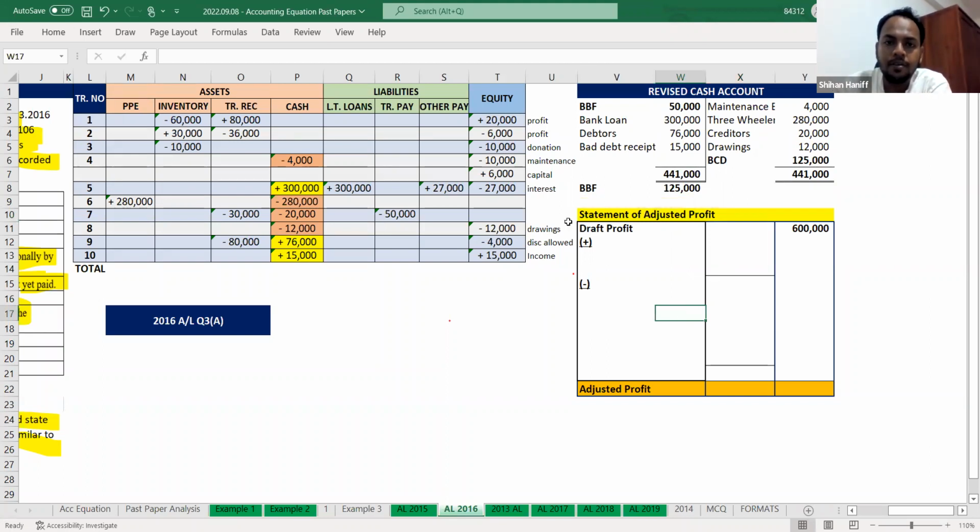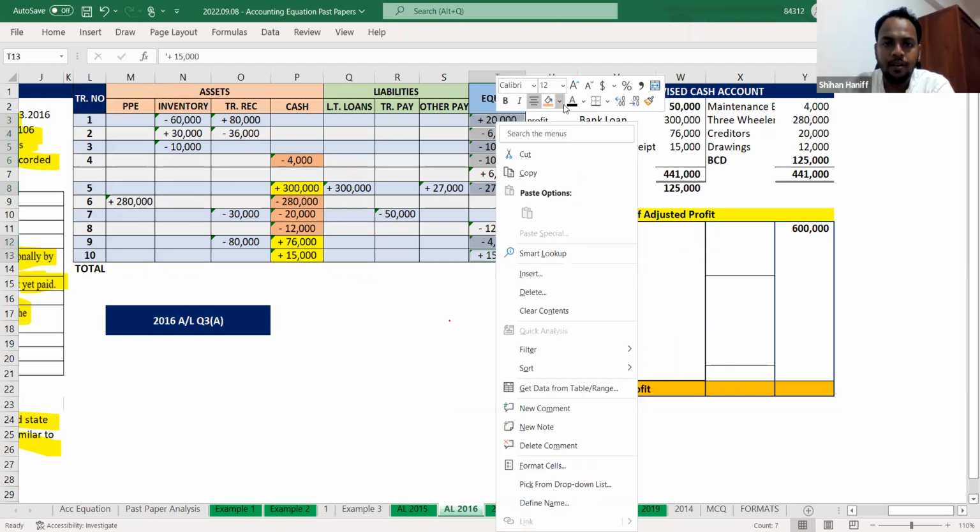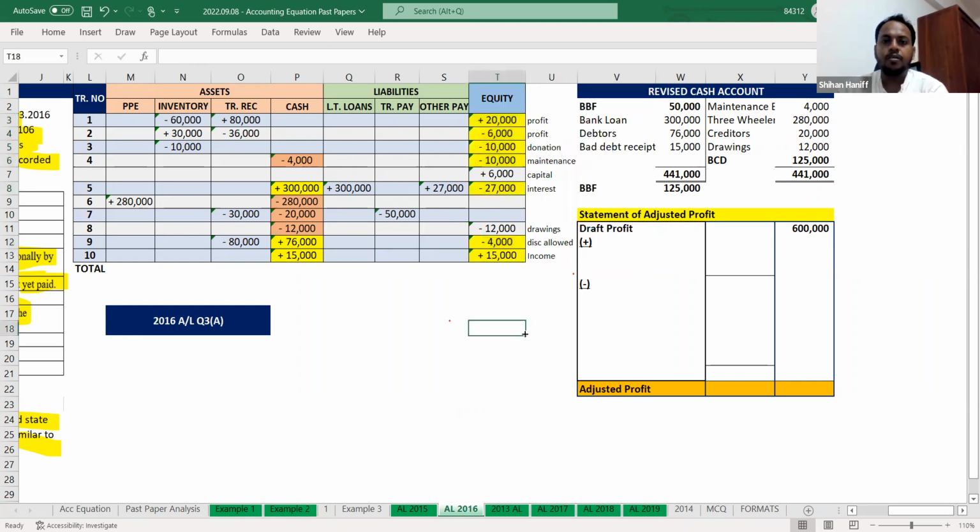So what comes here? What will affect profit? Donation, maintenance, interest, discount, income. Only these transactions will affect. Drawings and additional capital won't. So there are two pluses, 20 and 15. Can you get the adjusted profit?